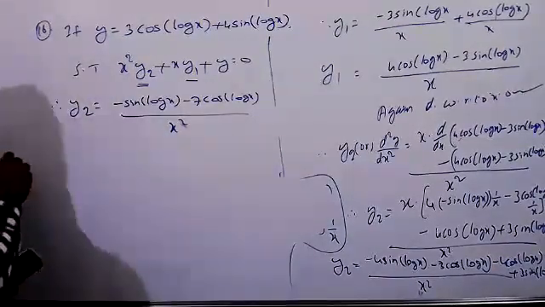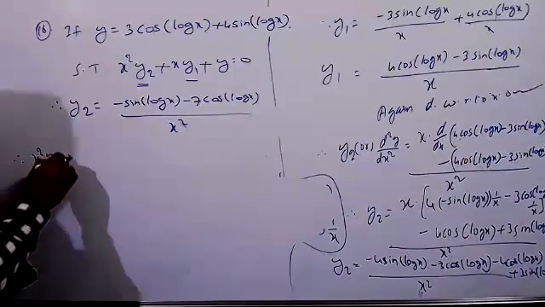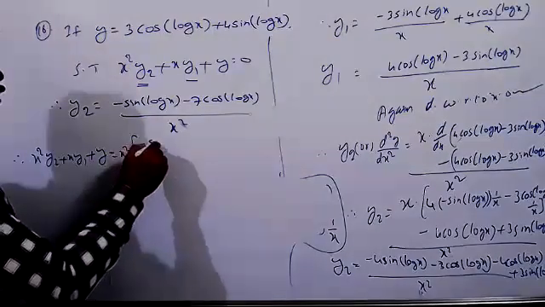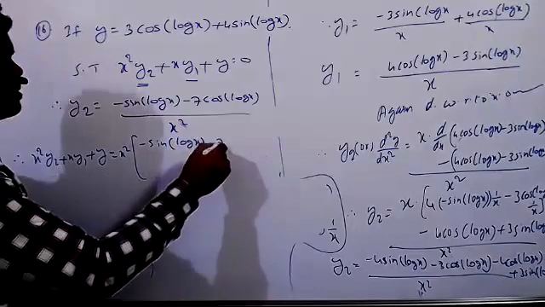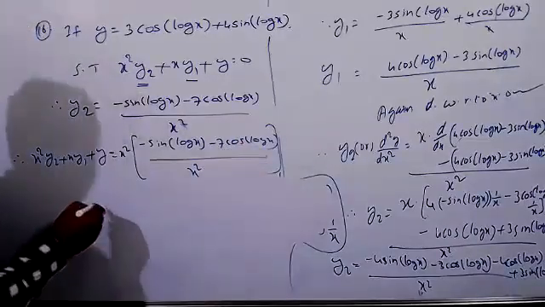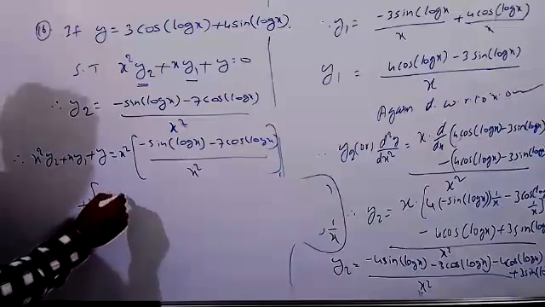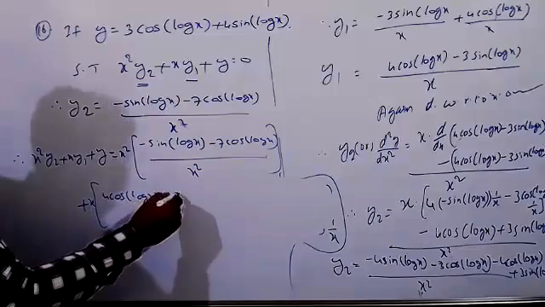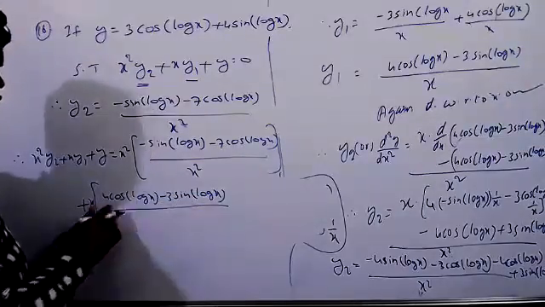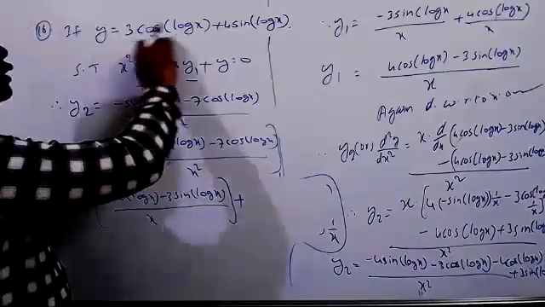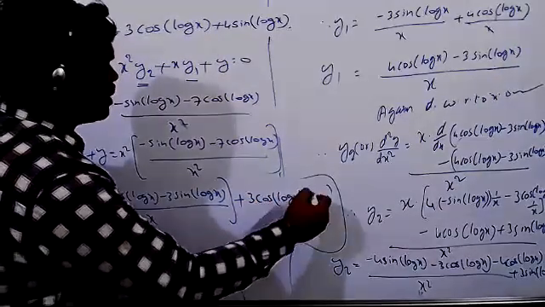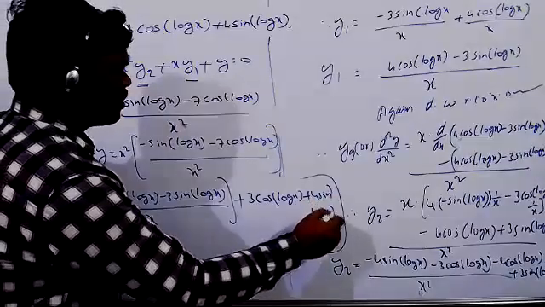Therefore x square y2 plus x y1 plus y equal to: x square into the value of y2, you can write now minus sin of log x minus 7 cos of log x whole by x square, plus x into the value of y1, 4 cos of log x minus 3 sin of log x whole by x, plus the value of y, 3 cos of log x plus 4 sin of log x.